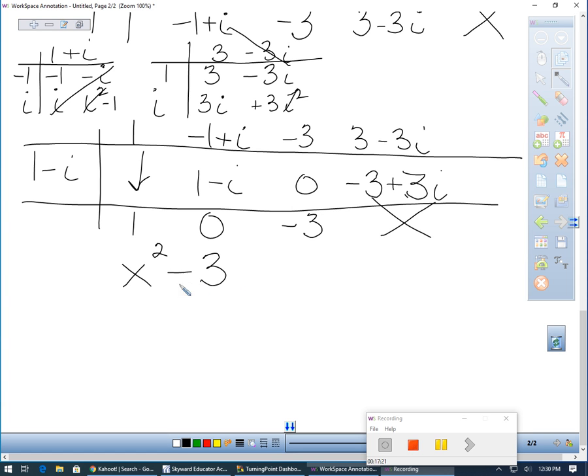And again, to get our last two zeros, we set this equal to 0 and we get x equals plus and minus square root of 3, and 1 plus and minus i. So we again had 4 zeros. 2 of them were imaginary, right? 2 of them were real. That one wasn't so bad, was it?